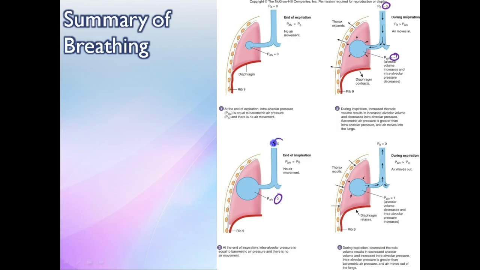If we're 0 and 0, no gases are moving. If we're 0 and 1, gases are going to move out. But this diagram is basically the same thing I drew previously. And it's for your information and review if you would like to get a different interpretation of the process.